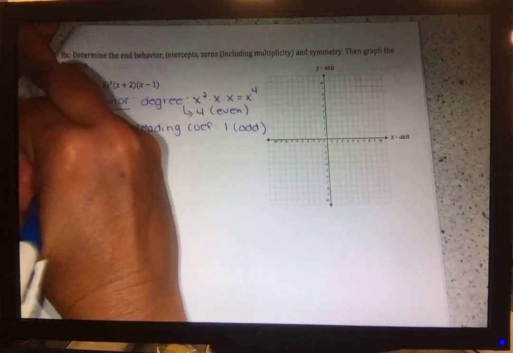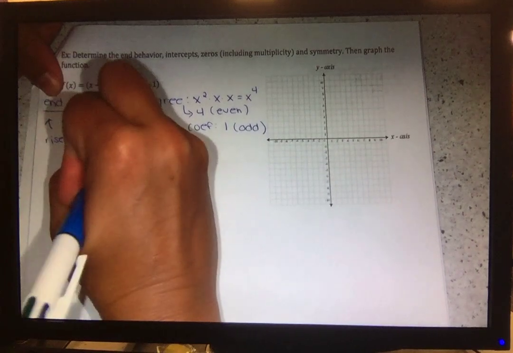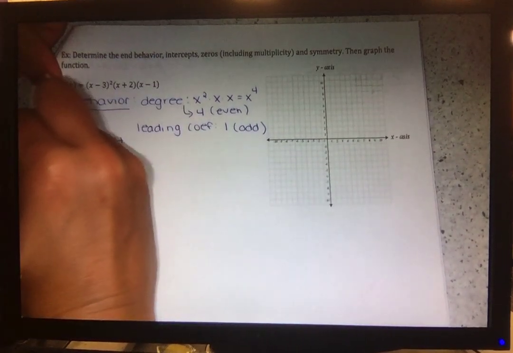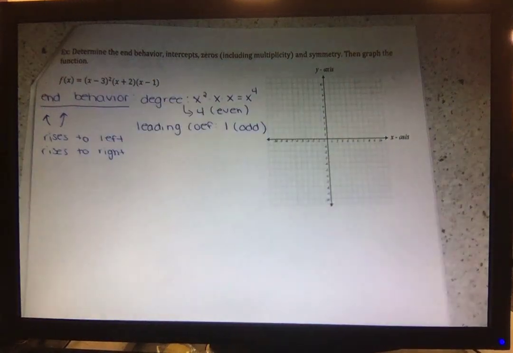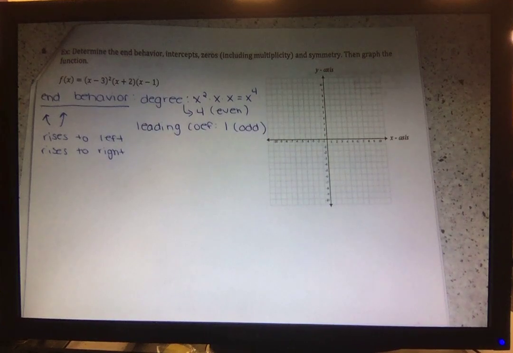So rises to the left. Rises to the right. You know whenever you're doing your homework, you're going to be like, rises to the left, rises to the right. I was always like, never mind. No, it's okay. You bring it up, then you can't.